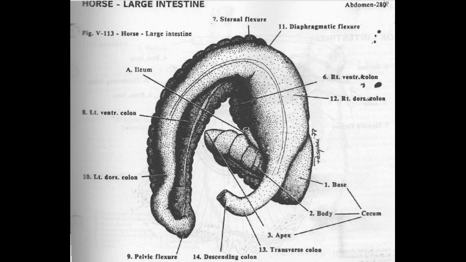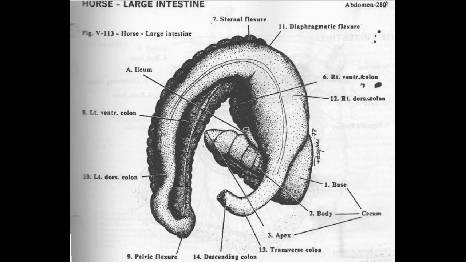It is connected with the left ventral colon through the pelvic flexure, and it is present against the left abdominal wall.